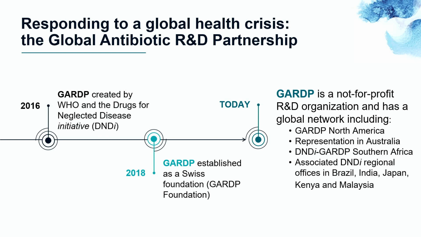So to give an indication of our global network, we have a GARDP North America, representation in Australia, we have a joint office in Southern Africa, and we have associated regional offices in Brazil, India, Japan, Kenya and Malaysia. And out of the Geneva office, people such as myself based in the UK work, but also Germany, Spain and further afield.